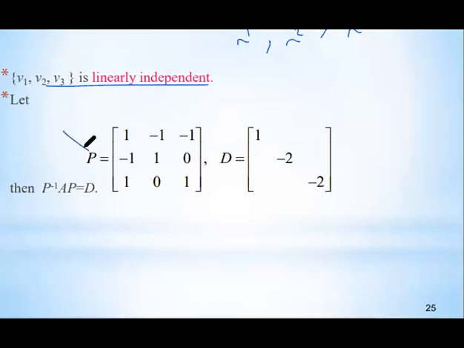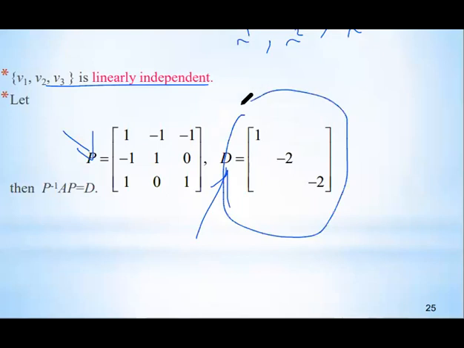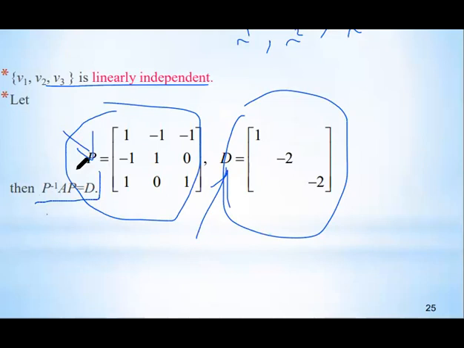So this is your P, and this is your diagonal matrix. A is similar to this diagonal matrix, and you found the invertible matrix as well, which satisfies this equation.